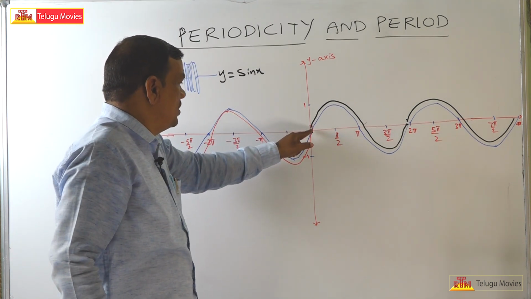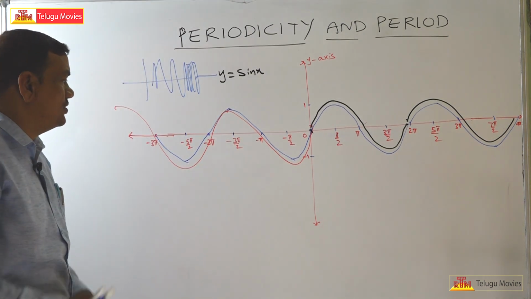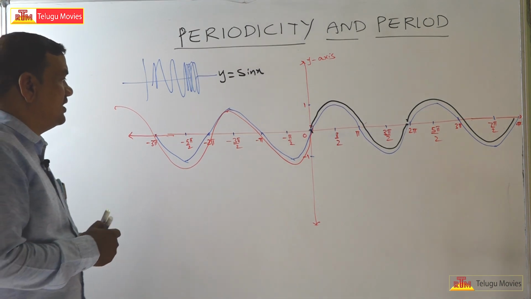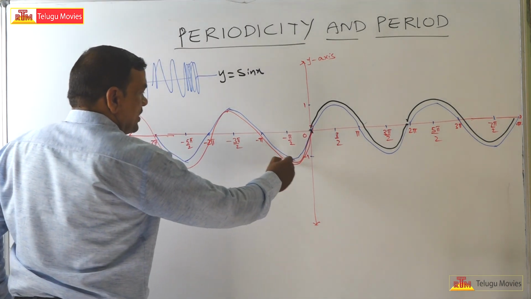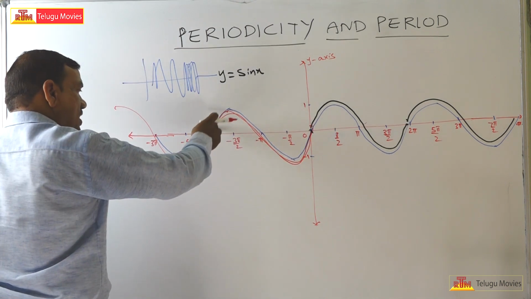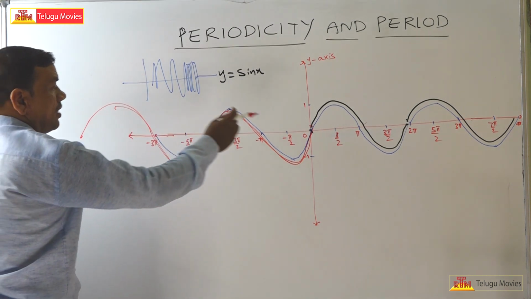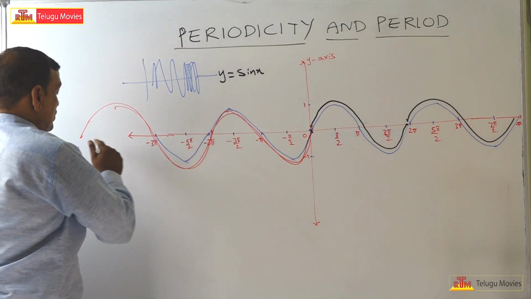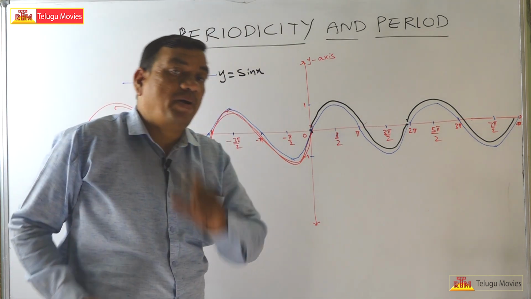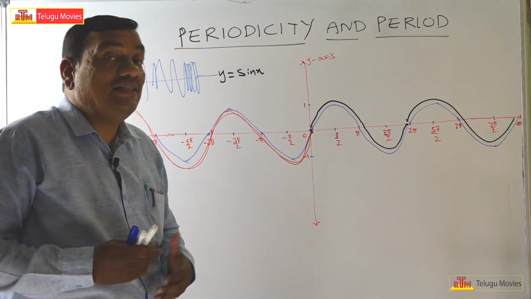From here it comes down, again up, again down, again up. 0, minus pi by 2, minus pi, minus 3 pi by 2, minus 2 pi. That means 1 down, 1 up, 1 down, 1 up, like that. So here it will be minus pi, minus 2 pi, minus 3 pi, minus 4 pi. Understand this? So every length of 2 pi interval, the graph is regaining and getting the same position.